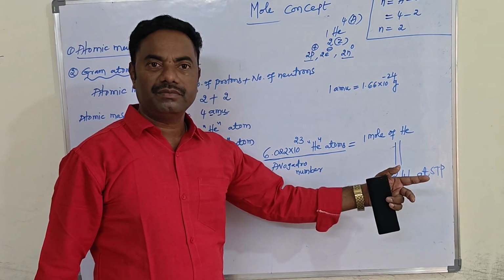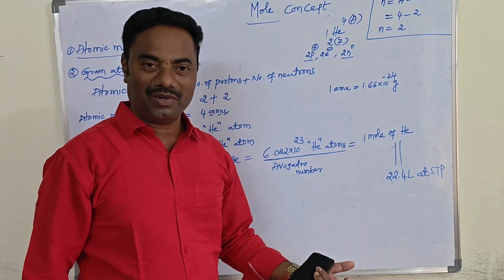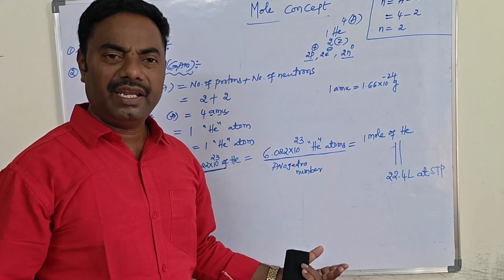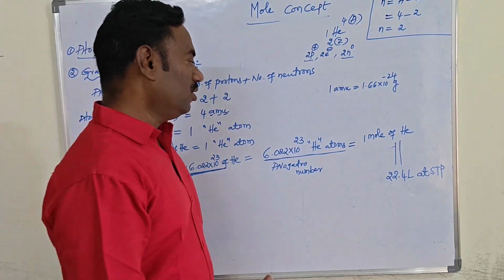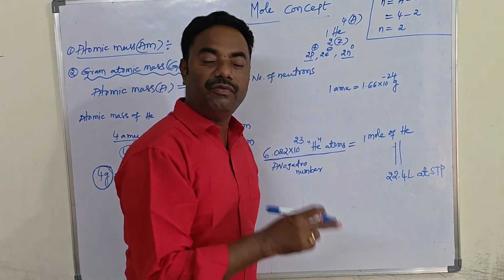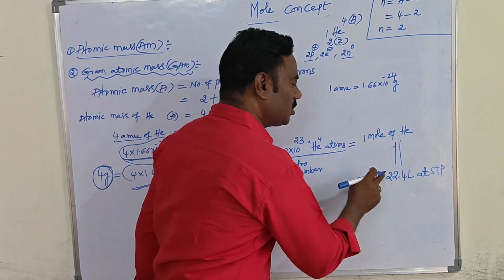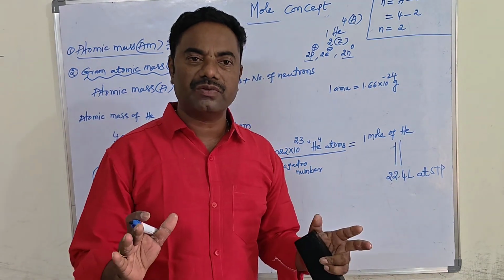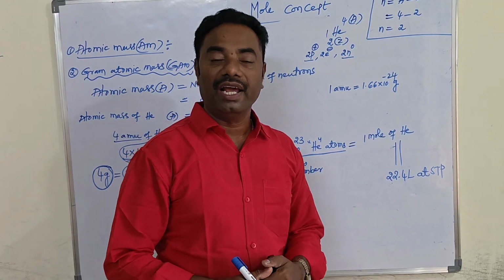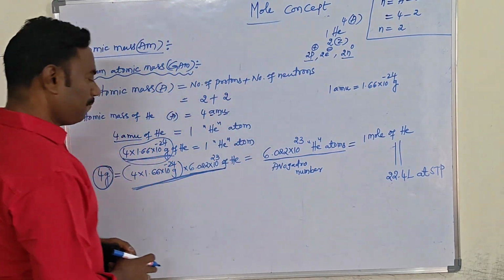Helium is an atom, oxygen means O2 is a molecule. Whatever the gas, in atomic state or molecule state, if it is 1 mole, it occupies 22.4 liters at STP.